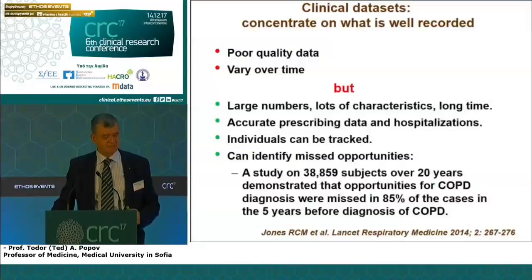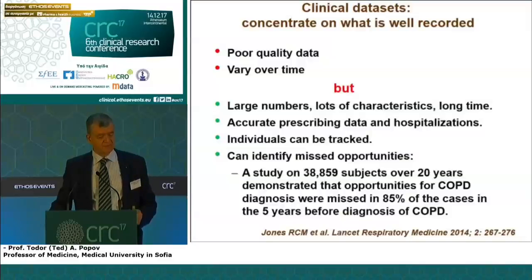Just to give you the example of a study of almost 40,000 subjects over 20 years, and they recorded over time those patients who became COPD patients, chronic obstructive pulmonary disease patients.